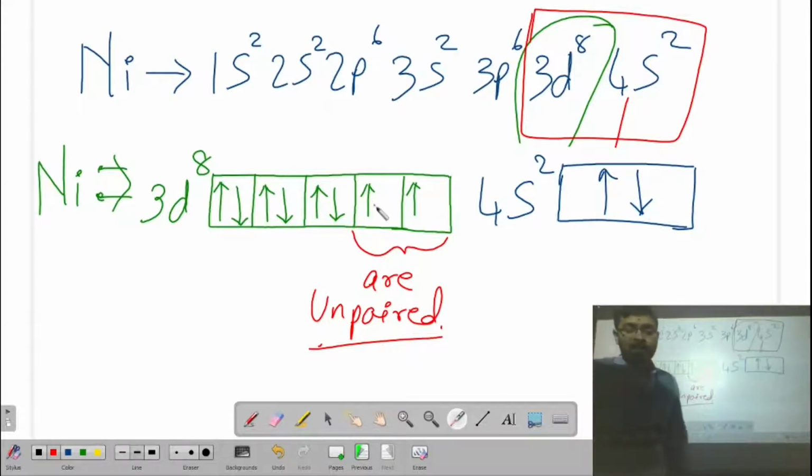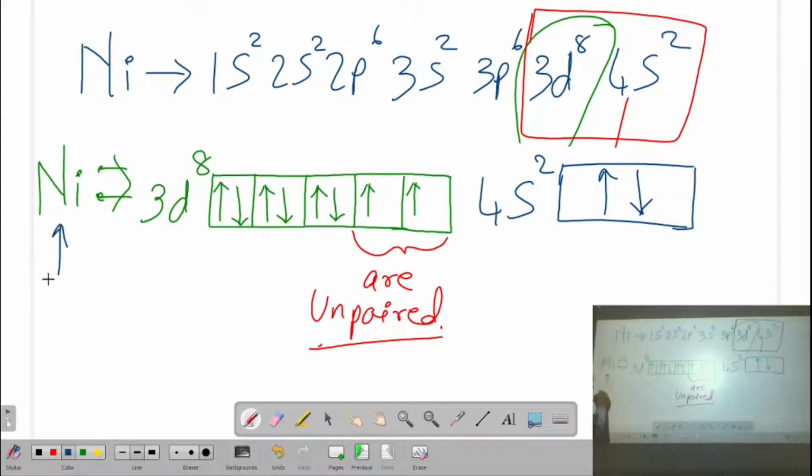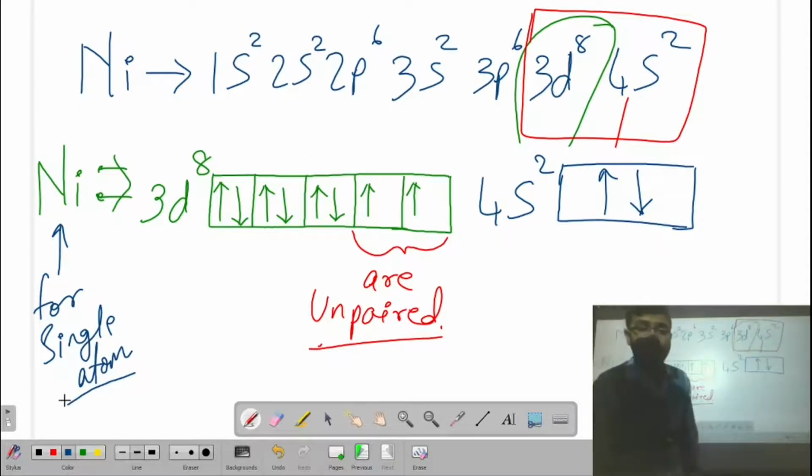This is what we have considered for a single atom of nickel.